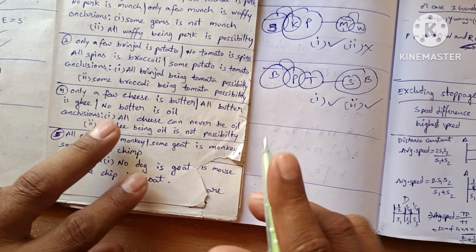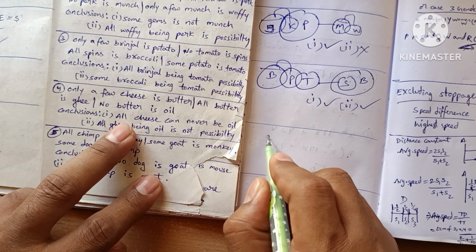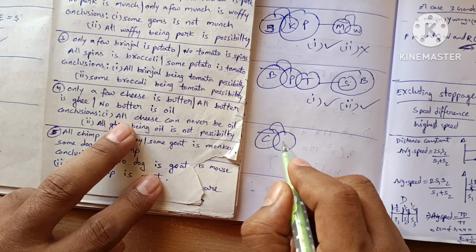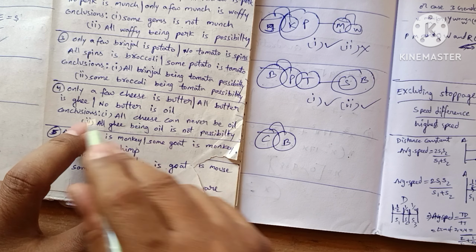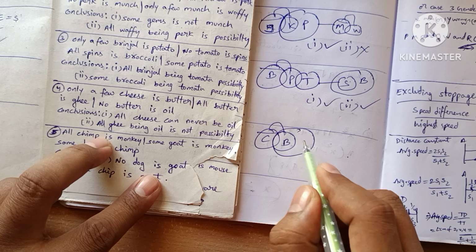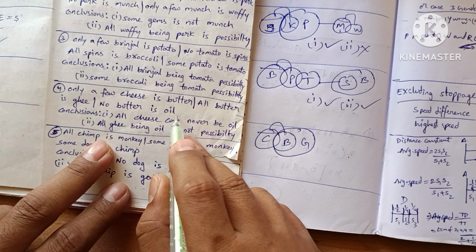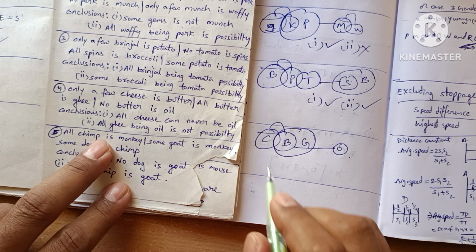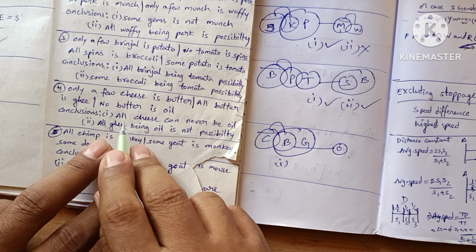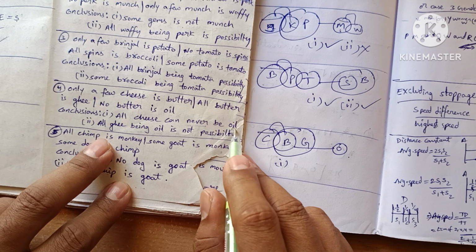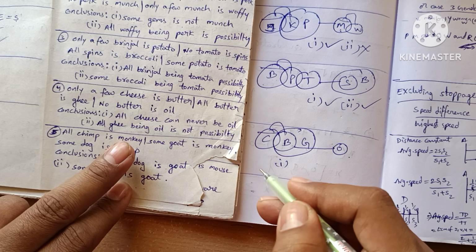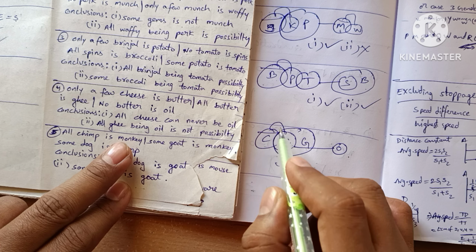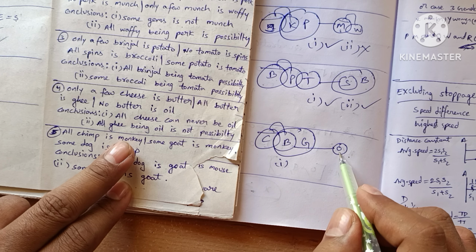Fourth one. Only a few cheese is butter. All butter is ghee. No butter is oil. Conclusion 1. All cheese can never be oil. All cheese can be oil is possible.